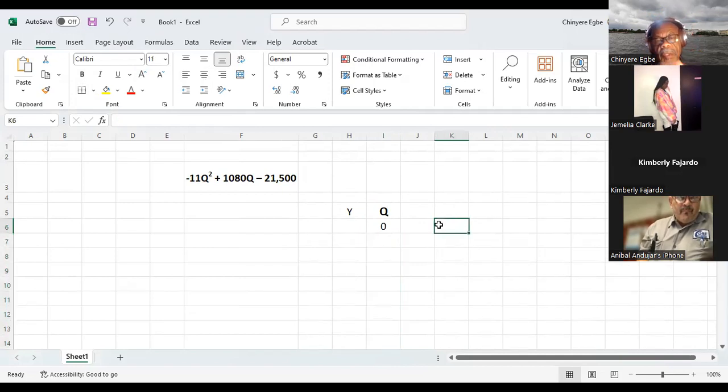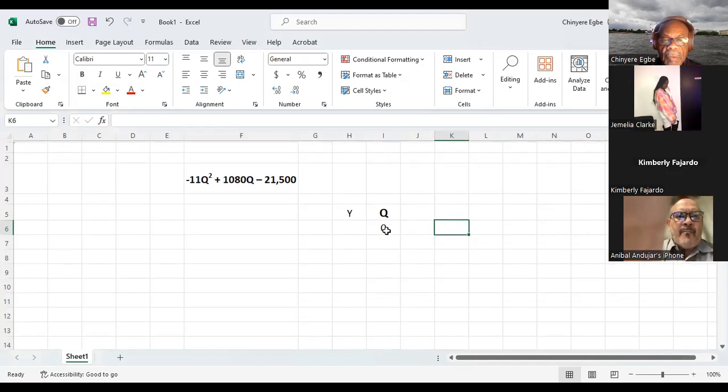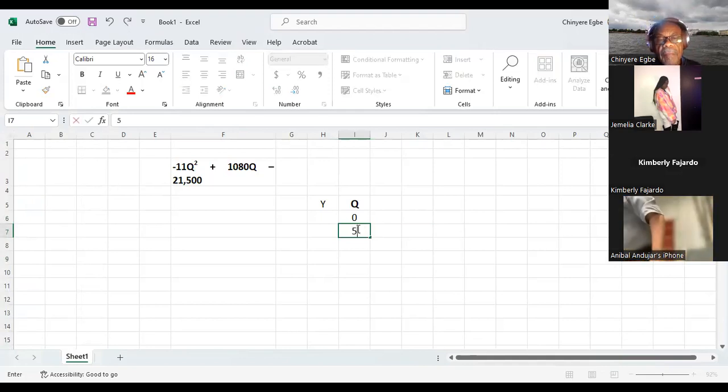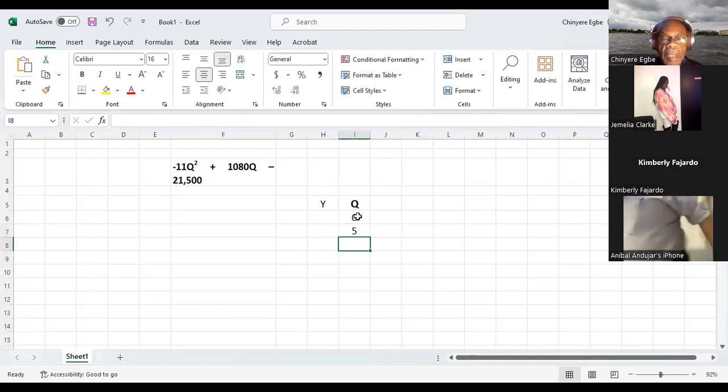If you produce 0, your profit will be minus 21,500. And so I'm going to take ranges of values. I'm going to start from 5 and see if we find a solution.